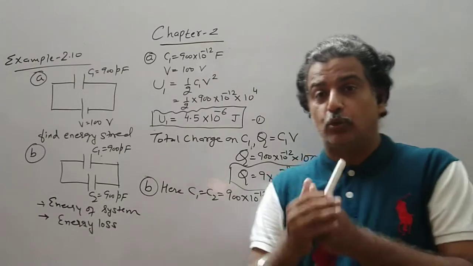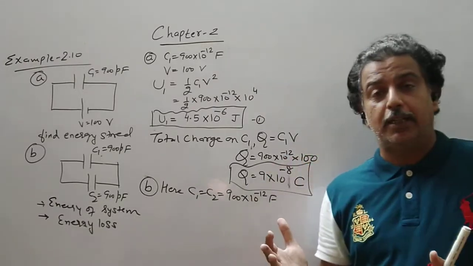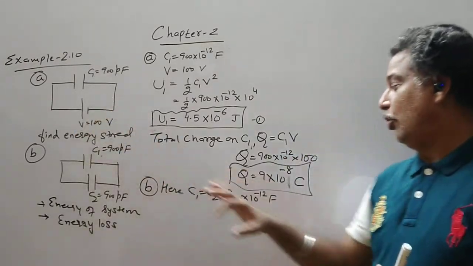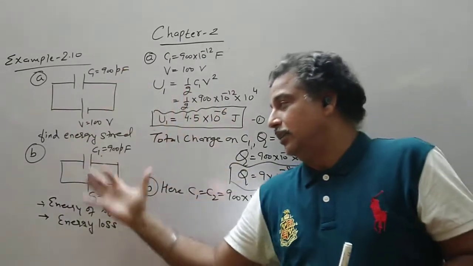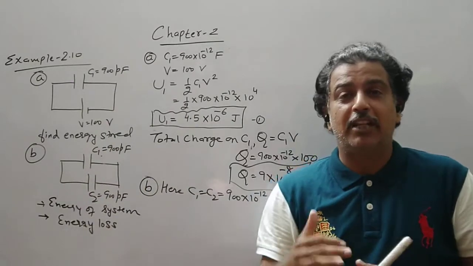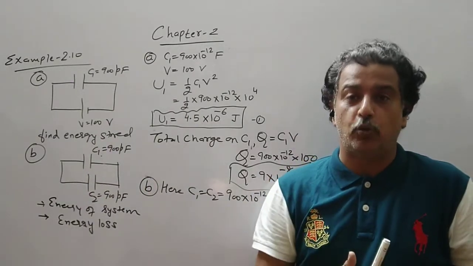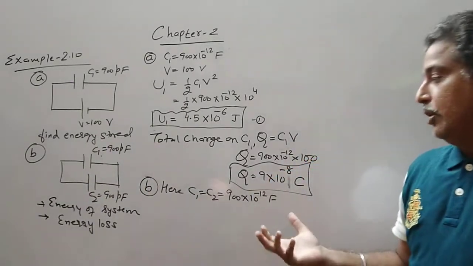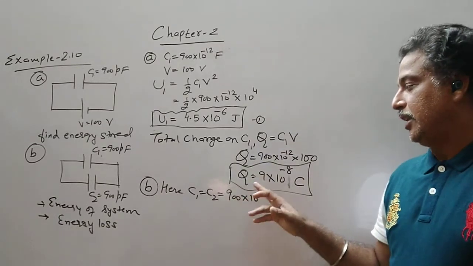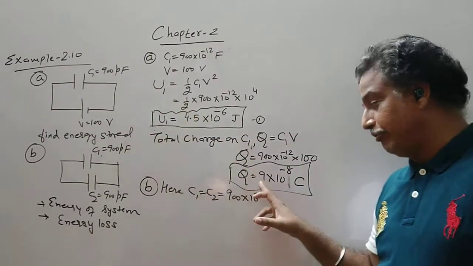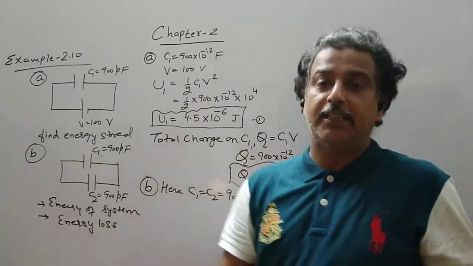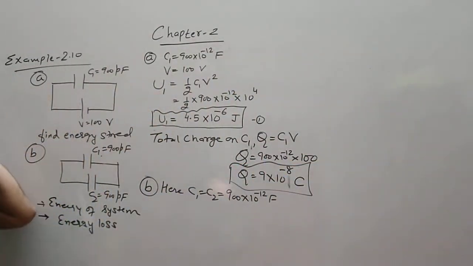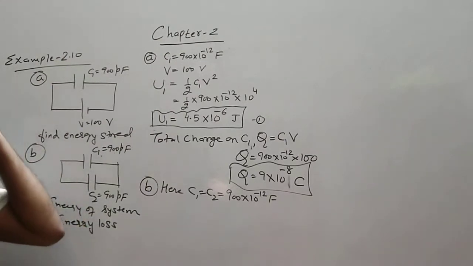So they divide the total charge because charge can neither be created nor destroyed. The battery is removed after depositing this much amount of charge. Now they will share the charge equally. So clearly, after disconnecting the battery, the charge on C1 becomes half of this, and C2 becomes half of this, and then I can find the energy stored or the energy of the system.